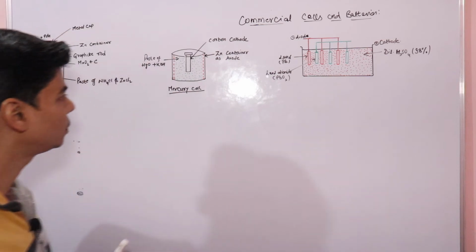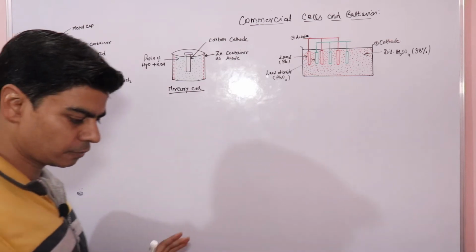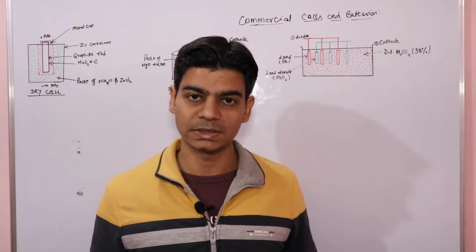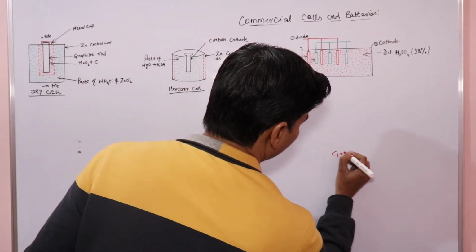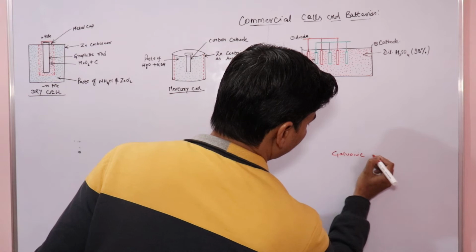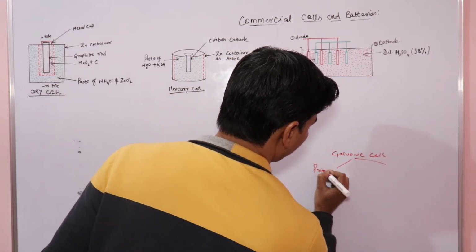So now let's talk about some of the cells. Firstly, there are two types of galvanic cells. The first is primary cells.